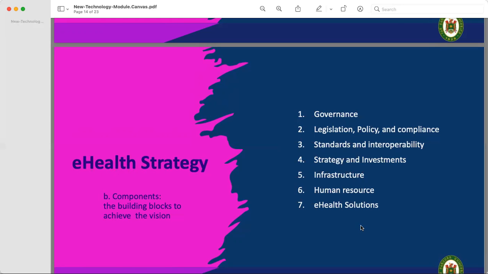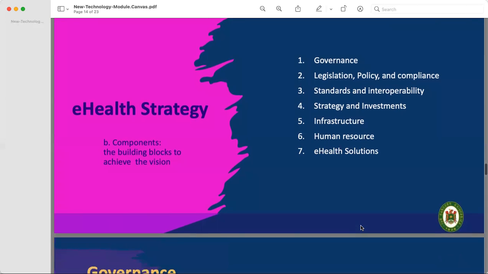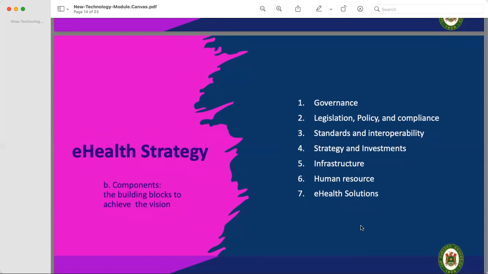And of course, the human resources who would be operating, controlling, using, planning, implementing the e-health strategies, and of course e-health solutions, that would aid in troubleshooting whenever problems occur. So e-health solutions must be available. Okay, so these are important components in achieving the vision, the e-health vision of the Philippines.